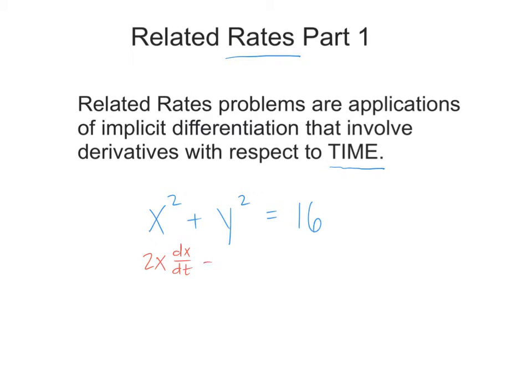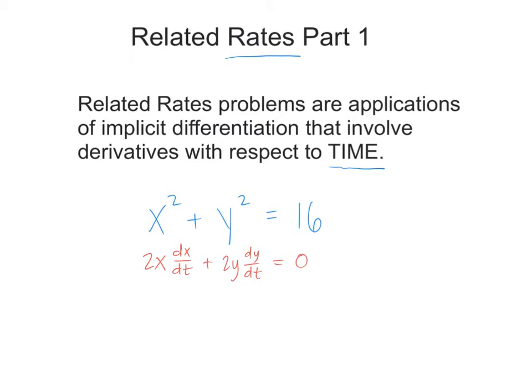And the derivative of y squared is 2y dy/dt. So whatever the variable is, x, y, or it could be r for radius or h for height, we'll get a lot of geometric type formulas, it's d that letter over dt. And the derivative of 16 is still 0, so I don't need to multiply that by anything.